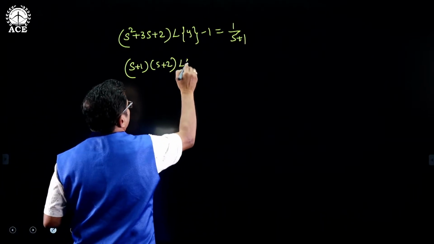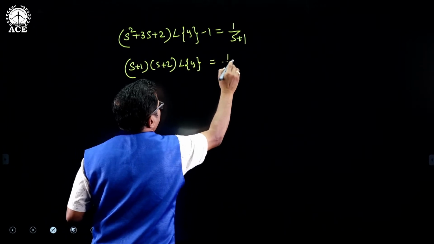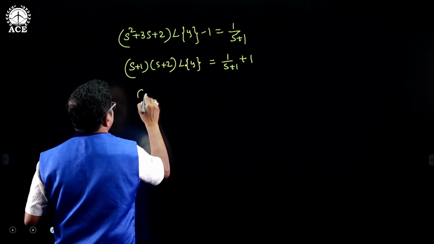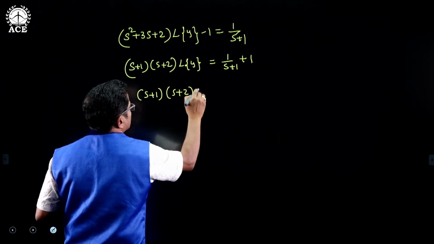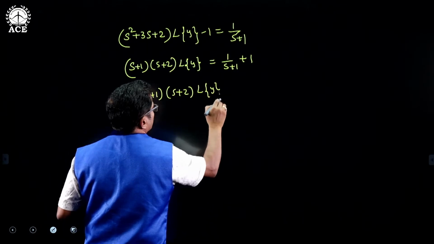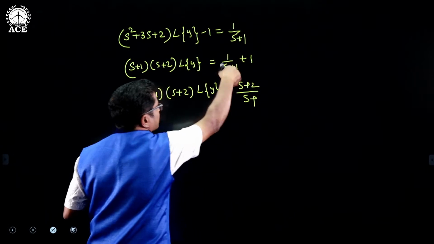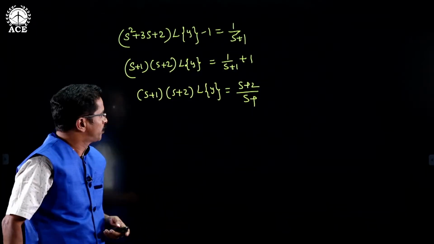When I bring minus 1 to that side, it becomes 1 by s plus 1 plus 1. So then s plus 1 into s plus 2 into L of y is equals to s plus 2 by s plus 1, on simplification. 1 by s plus 1 plus 1 becomes s plus 2 by s plus 1.